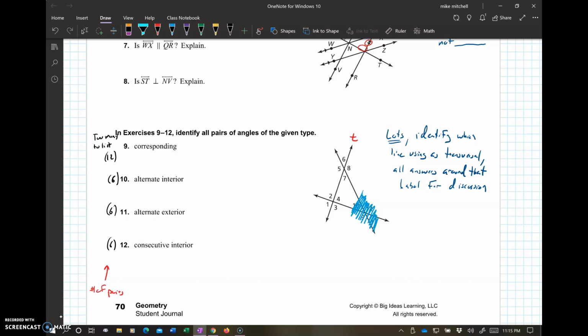Now I'm going to start down here, angle 1. Oops, and I should do this in red, because that's for my red transversal. So I got angle 1. I notice, hey, that's on this side, to the left of my transversal. That means I know my answer is going to have to be to the left of the transversal. We're looking at 5 and 6.